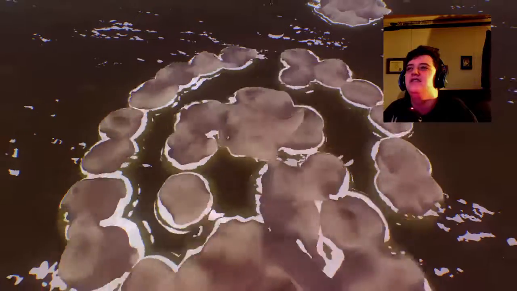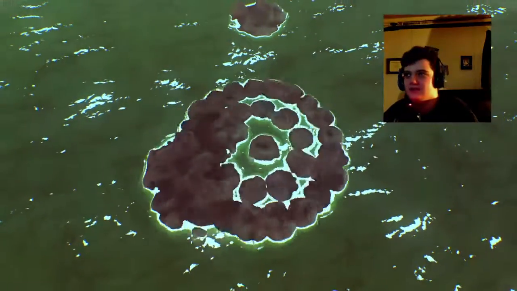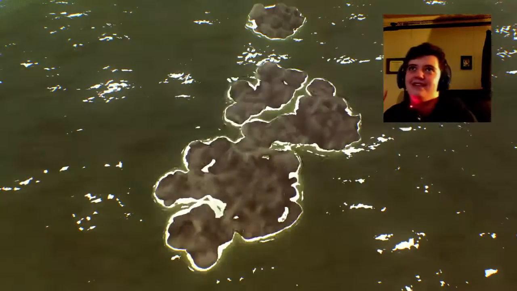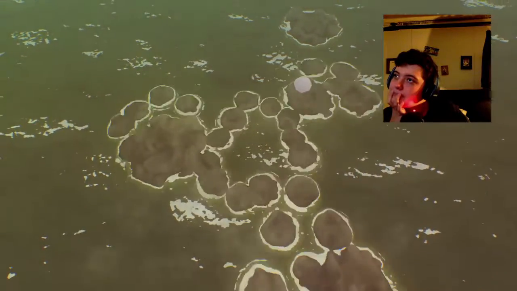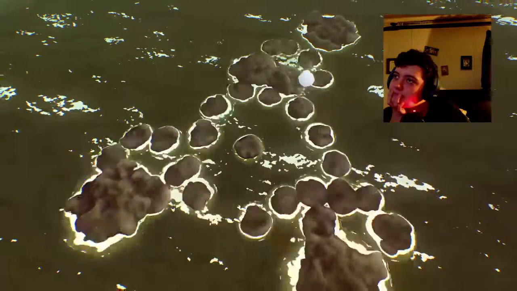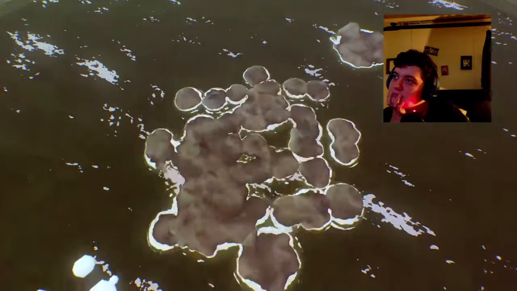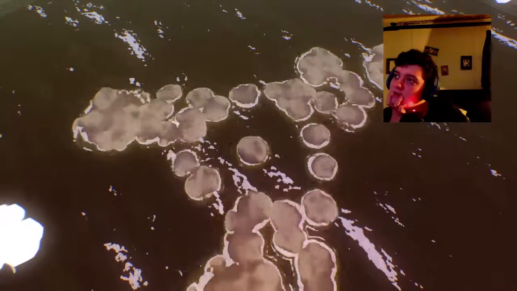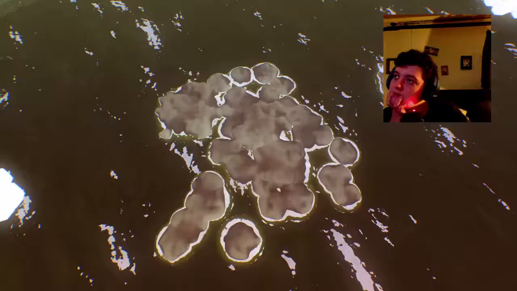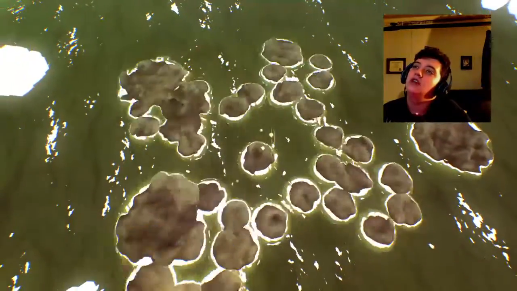Giant landmass. Oh, still, we had more abilities. Interesting.